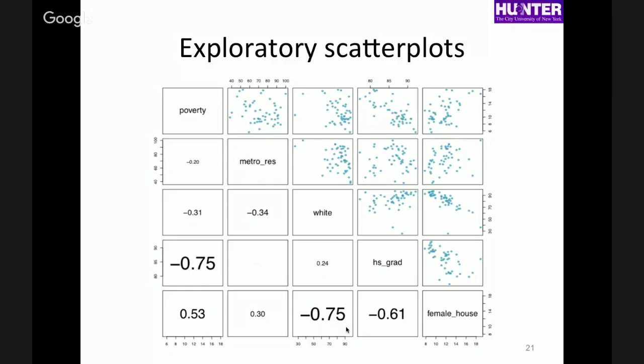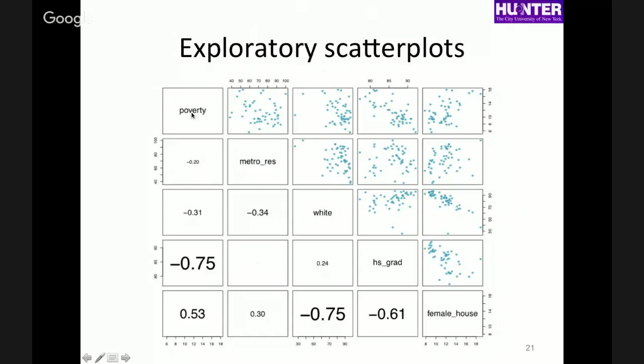So I'm plotting the response variable, this poverty, and then all of the other predictor variables. And the way you read this is that if you go to the right of something, that is what's on the y-axis, and if you go above something, that's what's on the x-axis.